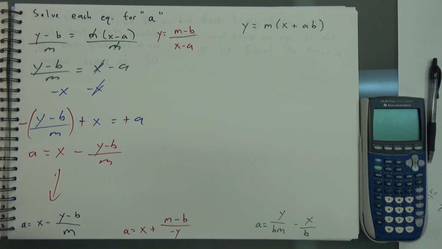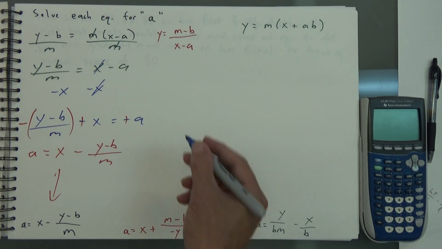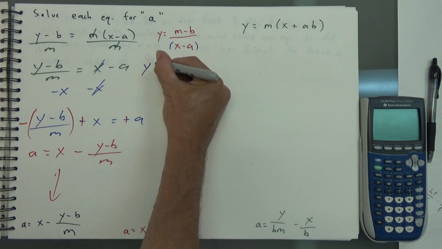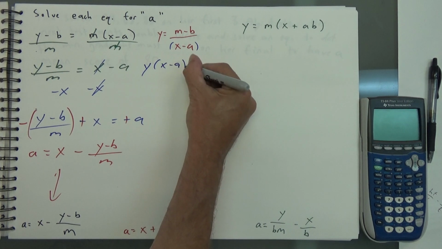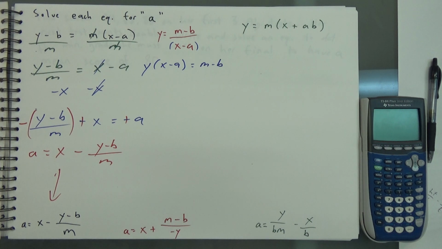Okay, so I'm creeping into my middle column a little bit, but that's okay. If I want to solve for a, now a is in the denominator. So what I'm going to do is multiply both sides by the quantity x minus a, and I'm going to get y times x minus a equals m minus b.